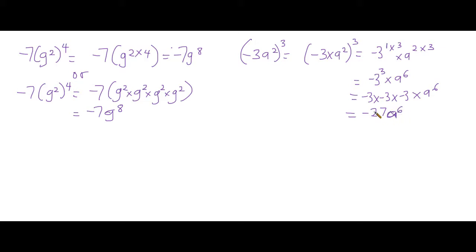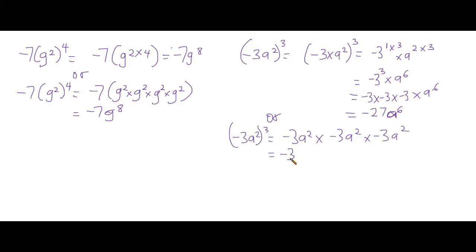Or you can solve it the other way, whereby we have minus 3 a squared raised to the power of 3, and we'll do that in 3 places, raising everything in the bracket to 3 places. That will be minus 3a squared multiplied by minus 3a squared multiplied by minus 3a squared, and you can arrange this in terms of like terms.